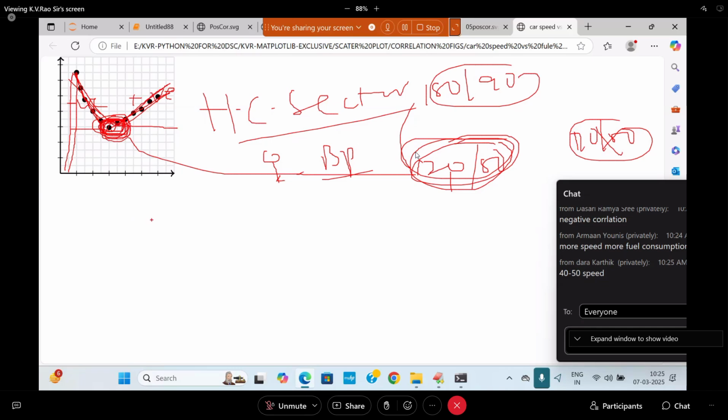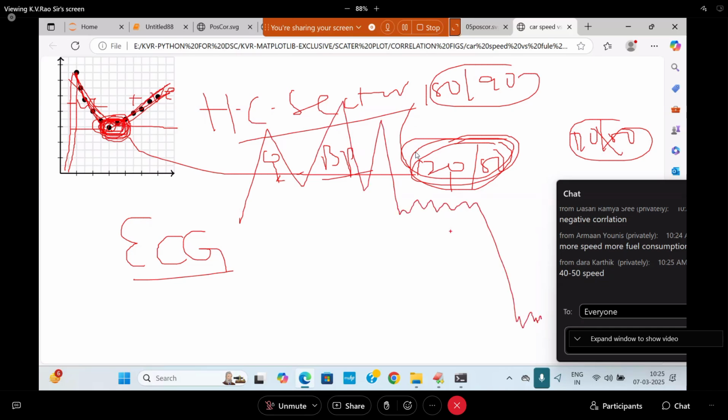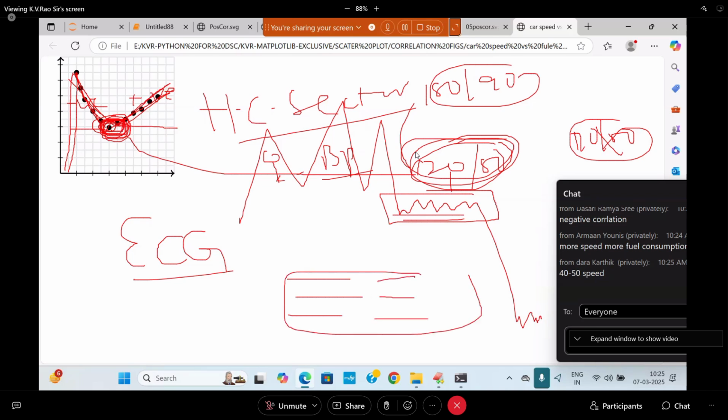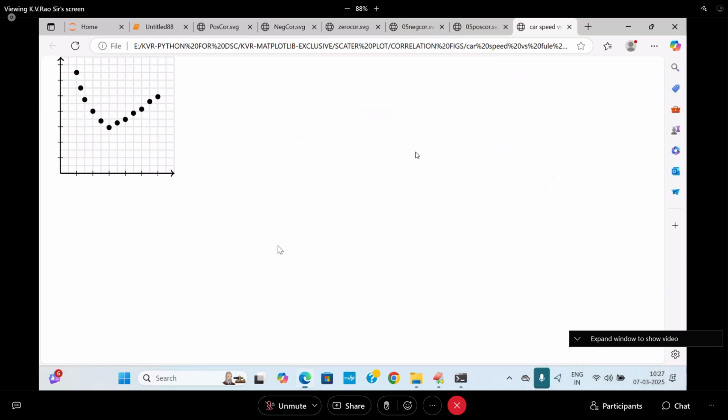Even ECG, if you take it, there are high values being recorded and there are normal values being recorded. These values are taken as normal values. So even in the reading part, normal and high values, based on this referential reading, one can decide what will be the correlation of my values.